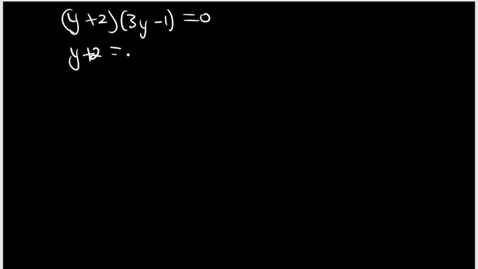So we have y plus 2 and then 3y minus 1 is equal to 0. So we take each linear factor. So y plus 2 will be equal to 0, which implies that y is equal to negative 2. Okay. Now again, we take the other linear factor.